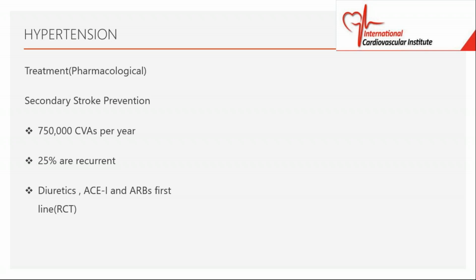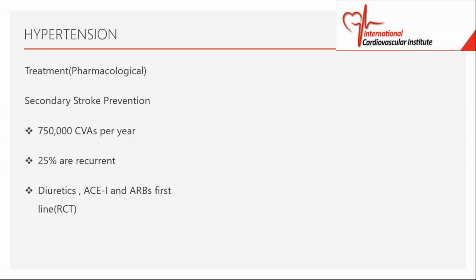So once you have a patient who has had a stroke, they can get another one. So that is why you have to be aggressive after the acute event to lower the risk factors. You're going to treat these patients' blood pressure. You're going to make sure that the blood pressure is well controlled. And again, the first line medicines that you're going to use are diuretics, ACE inhibitors, and ARBs.